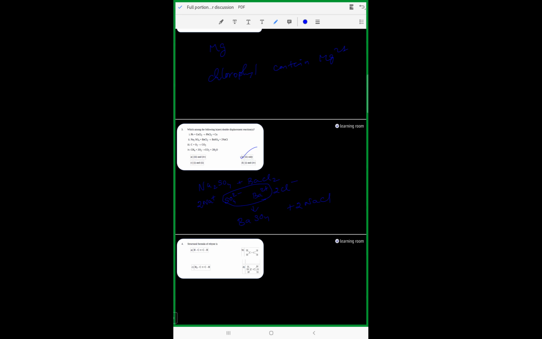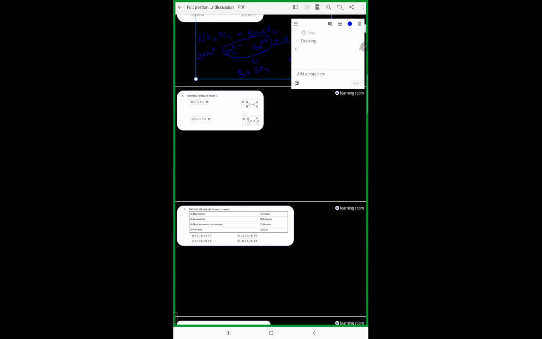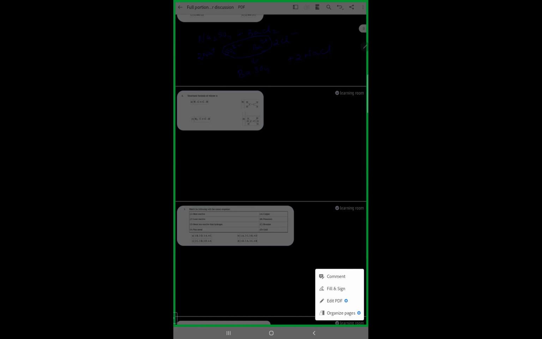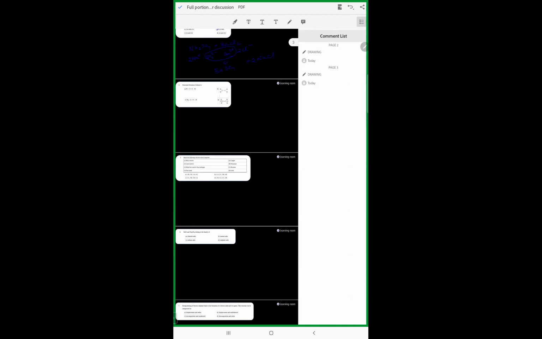And then the next, fourth one, structural formula for ethyne. What is ethyne? C2H2. So a carbon carbon triple bond only.